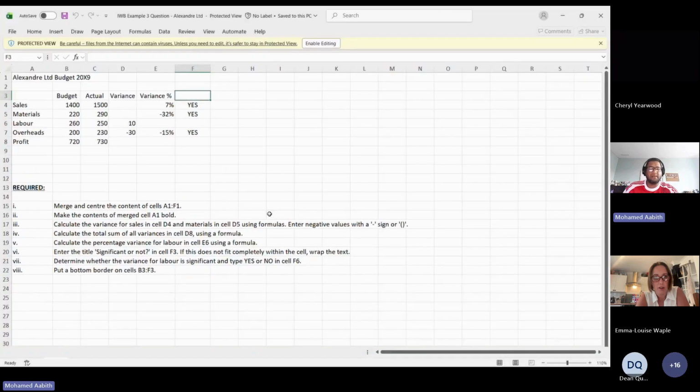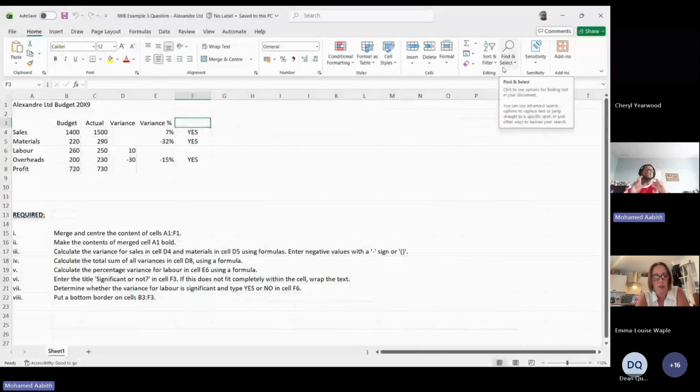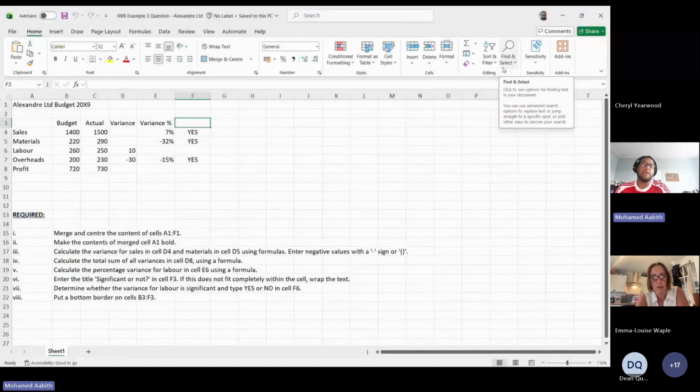Question number 3. So here is a really good question. In the exam, you may not get all of these toolbars here. Yeah, you will sometimes get something similar to it. You may be able to use the simple functions there, like changing the format of the cell. You can bold, italics, underline. You can change the size of the font.